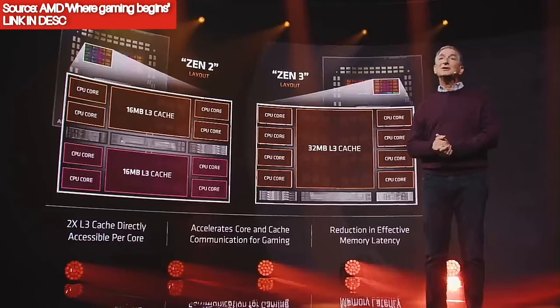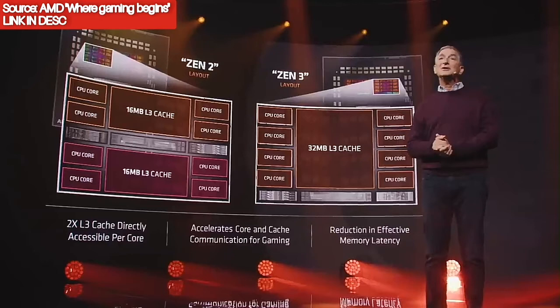So I'm going to show a photo right now. You can see there is a comparison between Zen 2 and Zen 3 there. In Zen 2 there are 8 cores on the top with a 16 megabyte cache, and 8 cores on the bottom with a 16 megabyte cache, which is not great because in gaming normally only one core is loaded.